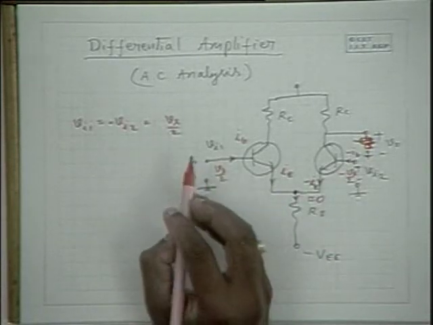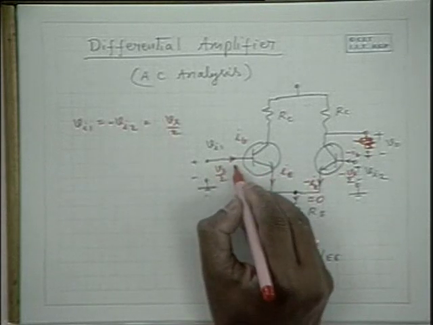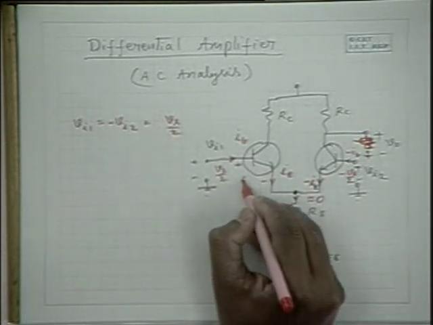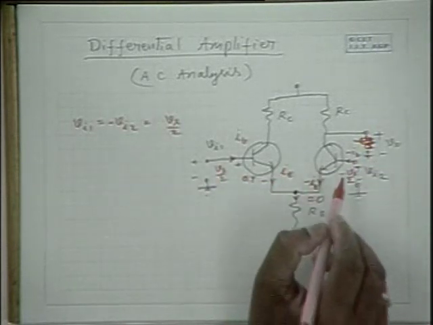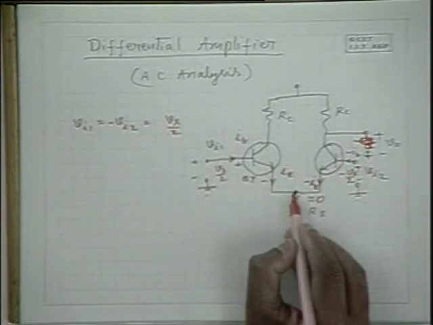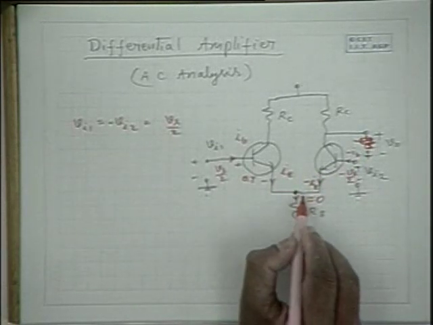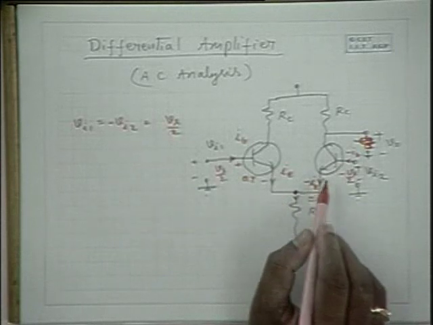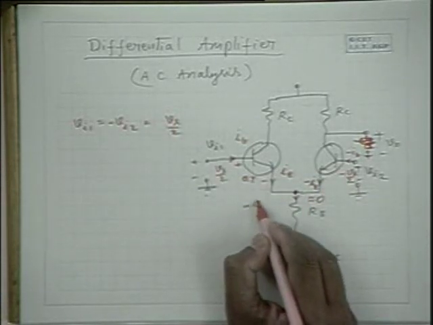For instance, if these two transistors are silicon, the DC voltage drop is of the order of 0.7 volts, and the DC base potential is 0. So the emitter terminals remain constant at minus 0.7 volts, fixed.